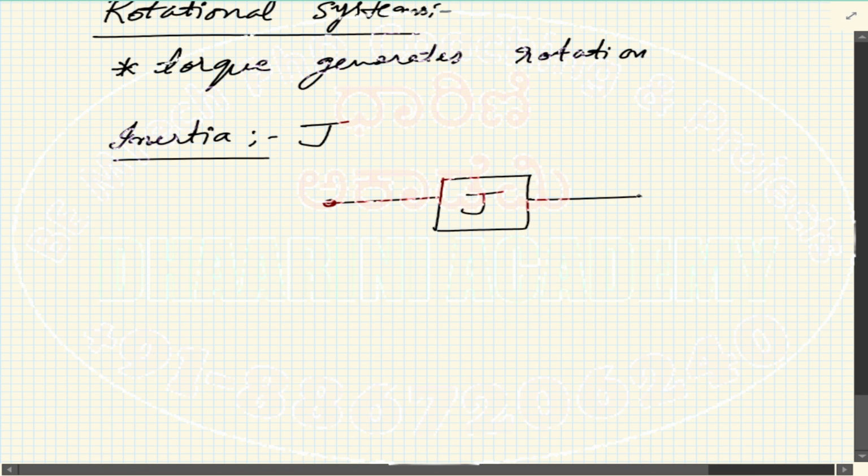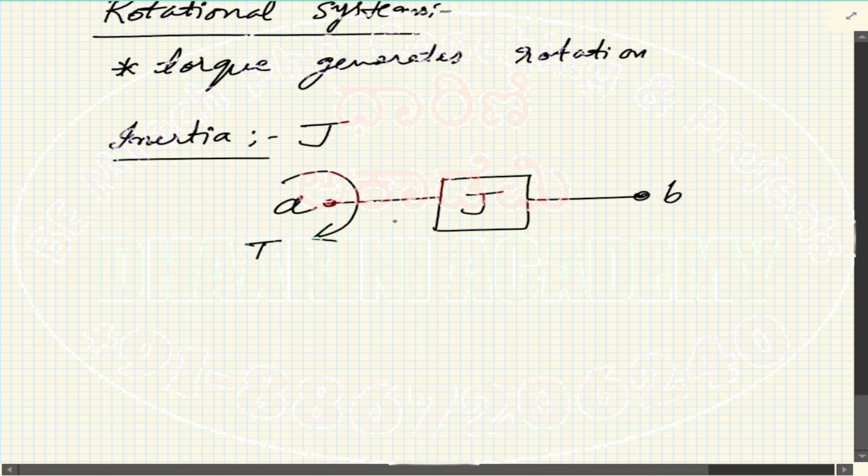What is the response? Previously when you applied a force F, the object moved by a distance x. So x was the response. Now what will be the response of this system? Angle, right? So the response I'm going to write here is theta. Again, I'm not writing for side B separately, because the whole object will rotate by the same amount.